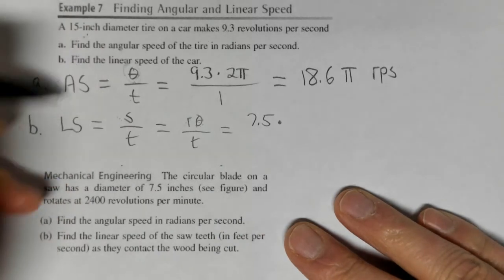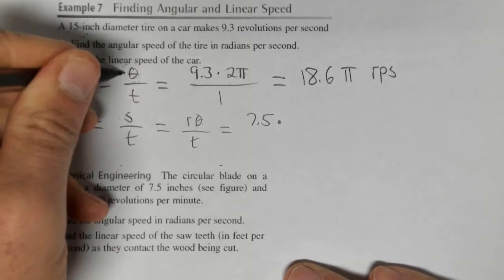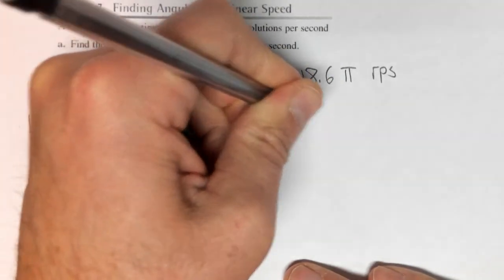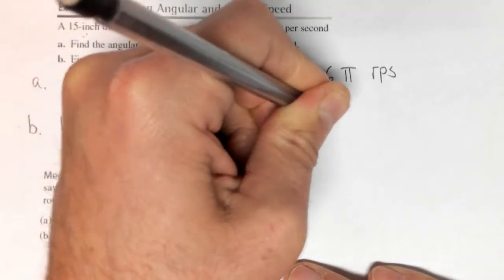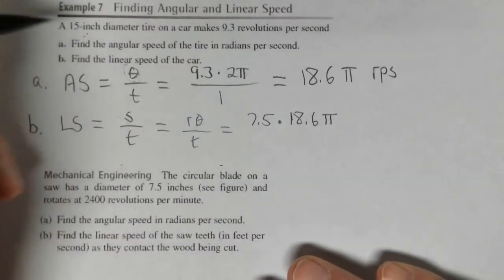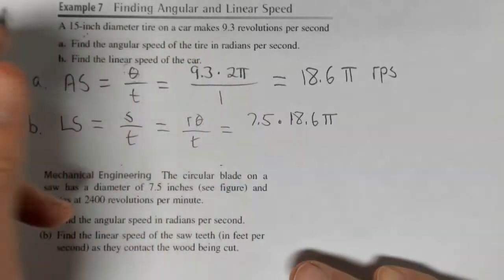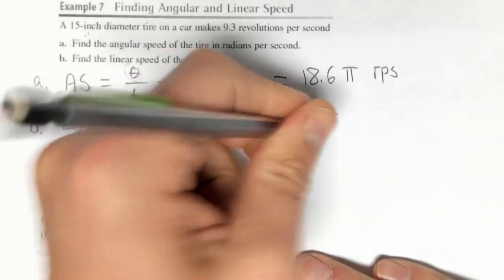So now I can take the same theta that was here, which is 18.6 pi. Okay, so there's no change there. And then this is all going to be divided by 1, because the time is per second that I want.